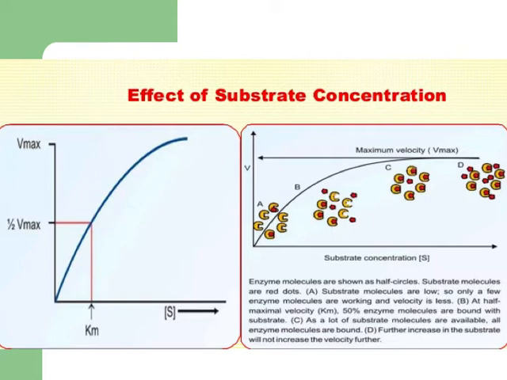So there's really two limiting factors to the rate of enzyme reactions. Number one is substrate concentration. If you have a lot of substrate available, then you can have a high rate of reaction. But then you get to a point where you don't have enough enzymes. So enzyme saturation is the second factor that affects the rate of reactions. So you may have lots of substrate, which means a fast rate of reaction. However, there's only so many enzymes.